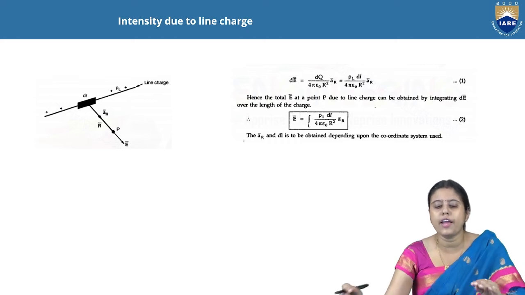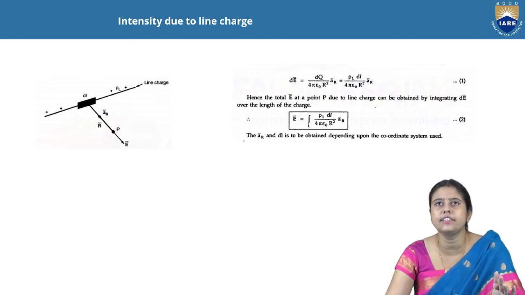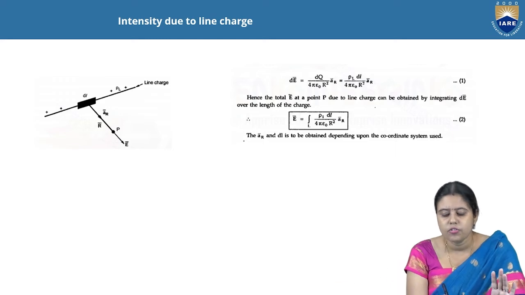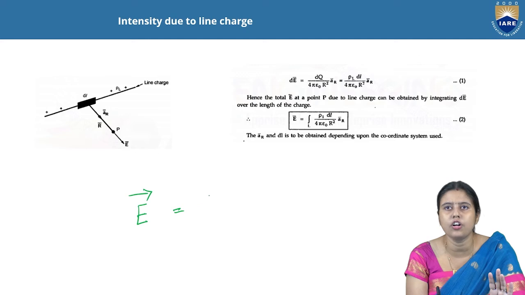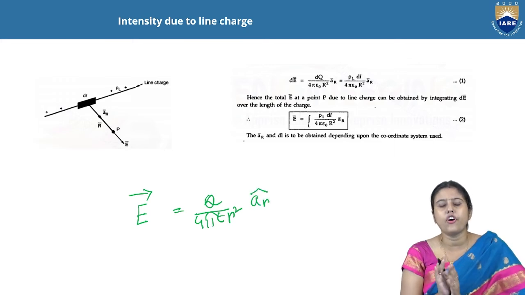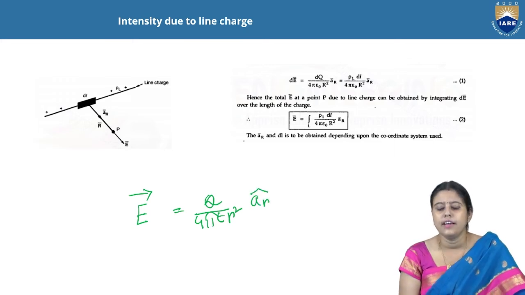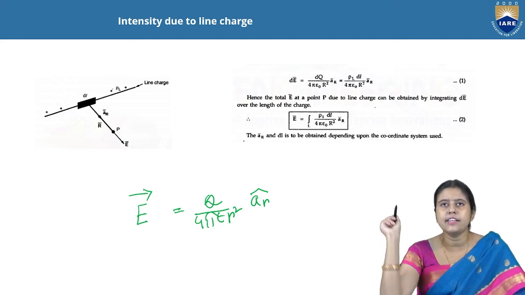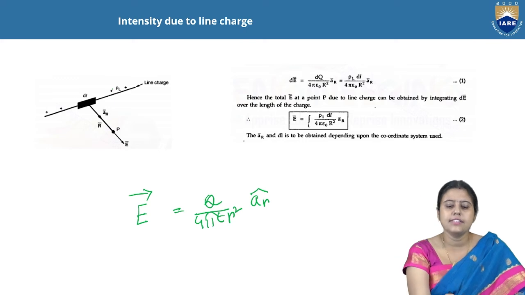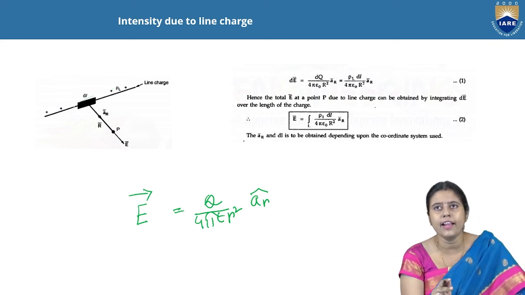Now if we have to calculate the field intensity due to charges, what is the basic formula? We know intensity E is equal to Q by 4 pi epsilon r square AR. So this is the basic formula of the intensity. Now, say this is a line charge, the overhead lines, and this is a small length dl.